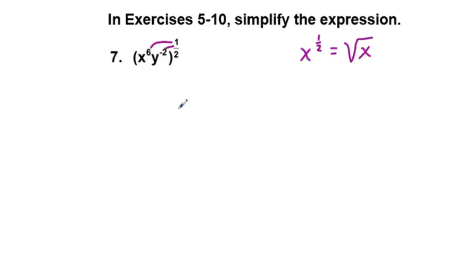So anyway, let's distribute here. And we have 6 times 1/2. So we'll put x to the 6 times 1/2 and times y to the negative 2 times 1/2.